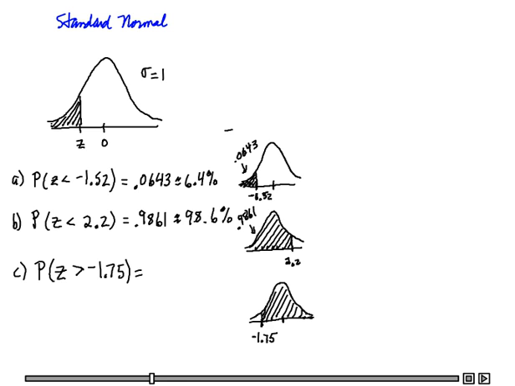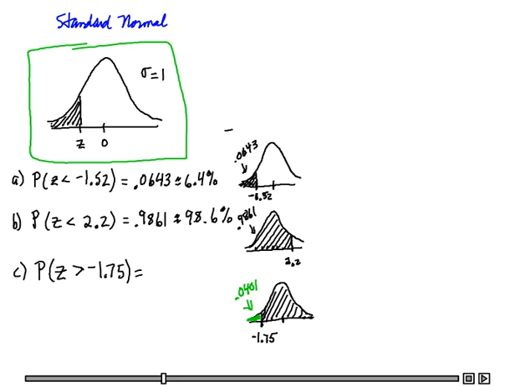Now, when I use the table, it reads to the left. It's always to the left. So when I look up a negative 1.75, and that would be, again, in the first page of the table where the z values are negative, I'm going down to negative 1.7 and across to column 0.05, and I get an area, again to the left, 0.0401.